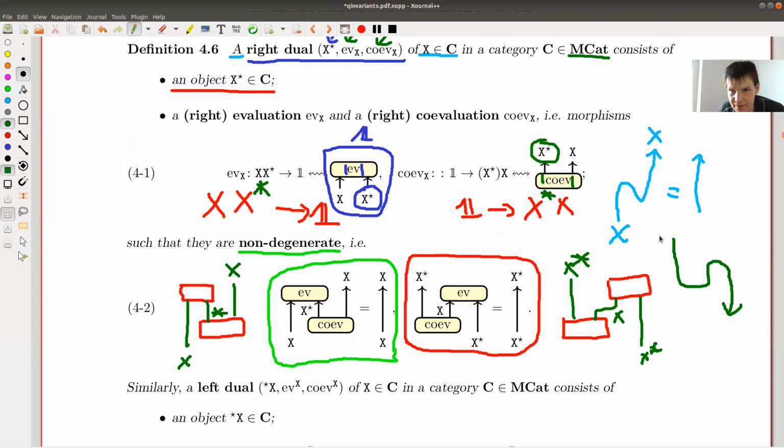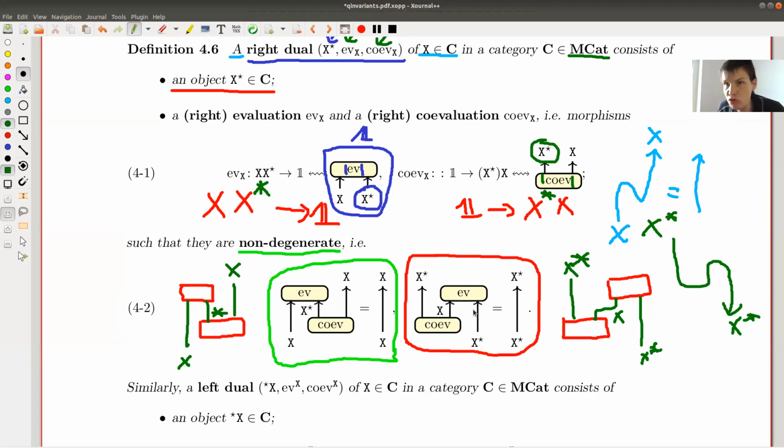So you have something from X dual to X dual. Anyway, so two morphisms, and they compose in two ways, and both compositions are the identities. That's what we call non-degenerate.